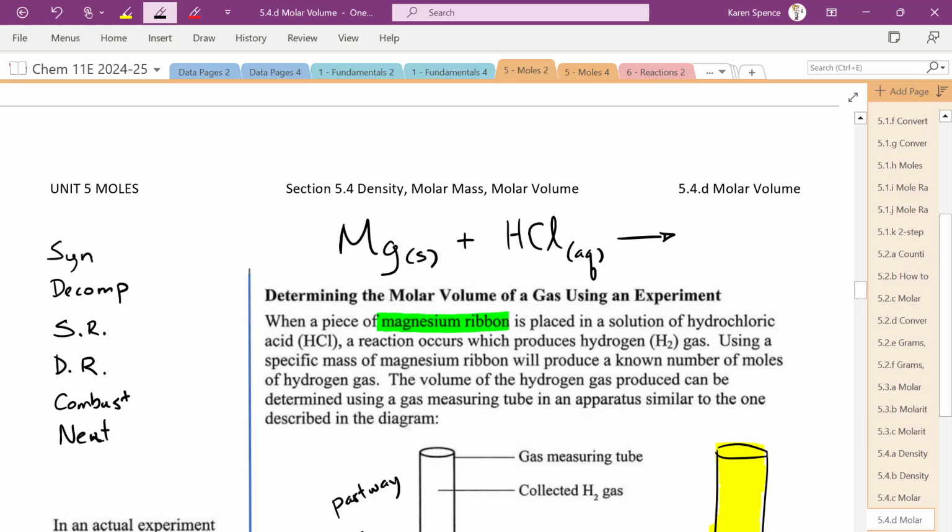Synthesis, decomposition, single replacement, double replacement, combustion, or neutralization? Single replacement, because we have an element and we have a compound. Okay, so this is an element plus a compound. And so the element is going to replace one of the elements in the compound. Tell your partner, is magnesium going to replace hydrogen, or is magnesium going to replace chloride, and why? Does Mg replace hydrogen, or does it replace chloride?